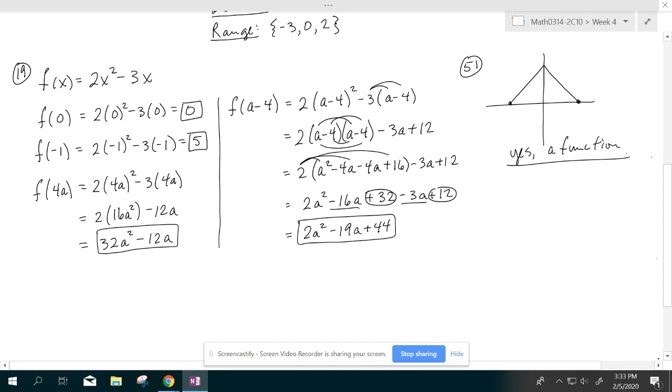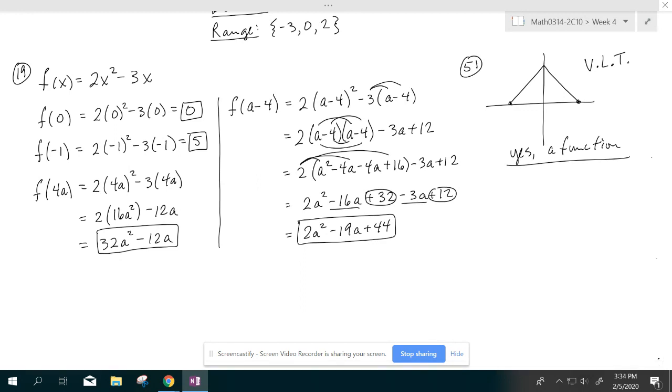Does everybody understand why? It's because of the vertical line test. Or I like to abbreviate it the VLT. And what does the vertical line test say?